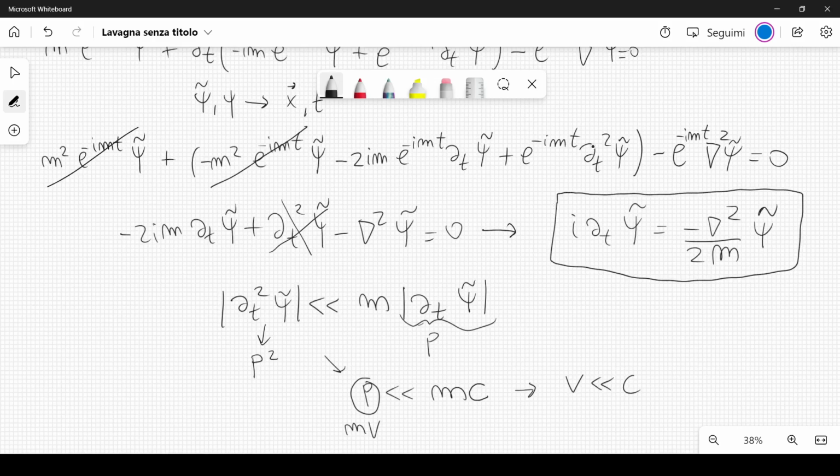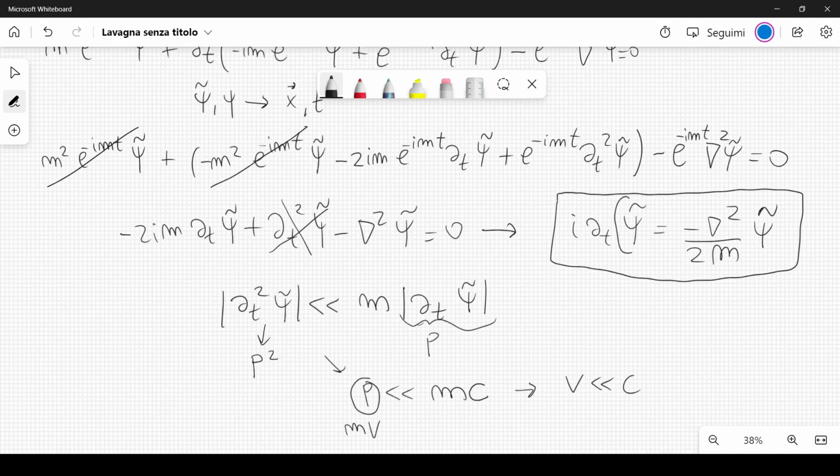Now, at this point, you might think, well, now we are done, right? We have found the Schrödinger equation, so quantum field theory, in this case, will lead us to the Schrödinger equation. But actually, it's not so easy. It's more complicated than that. Why? Well, you have to think that the difference in this case is that psi, or psi tilde, is not a probability amplitude, just like in quantum mechanics.